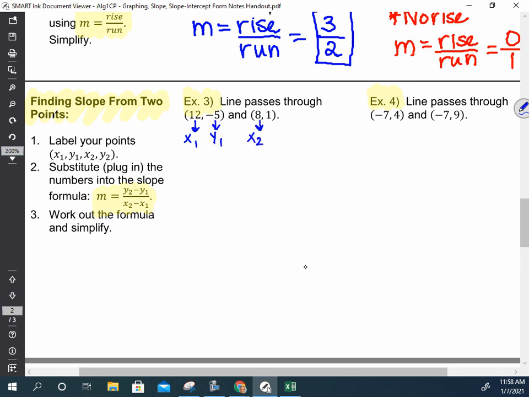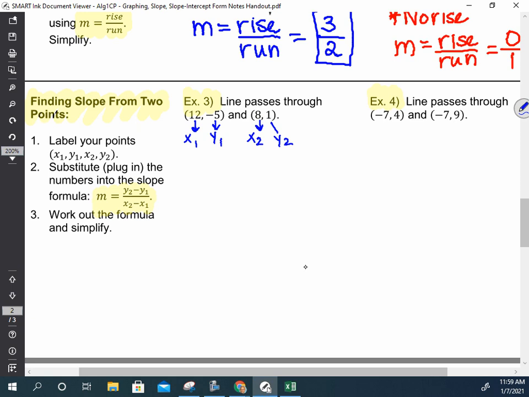Second point is x2 and y2. So first step is the label. So I'm hoping Anthony, Carlina, and Clyde will get these notes copied. You need them points. So first we label.